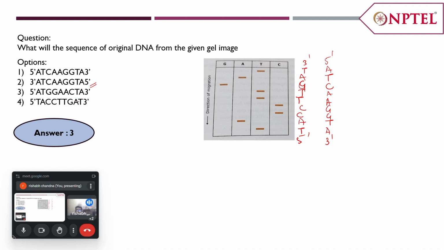Okay. So the correct answer would be option number one. Okay, not three, not two. Correct answer would be option number one because this would be the original sequence, right? So that is why this would be the sequence of the DNA that is being given by the sequencing.